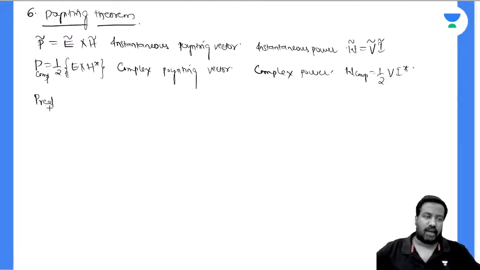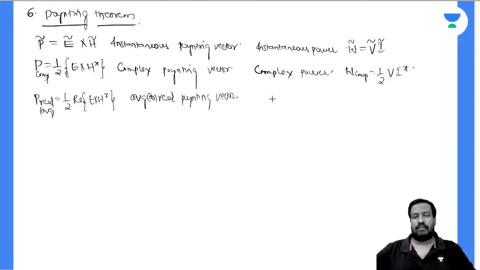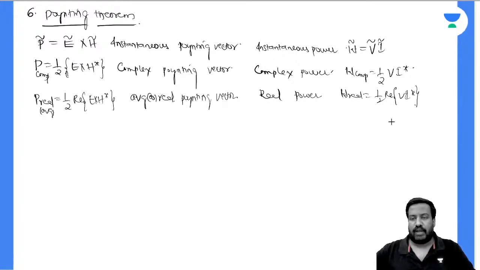From this, the average or real power is 1 by 2 real part of E cross H conjugate, the average or real Poynting vector. The real power is the average, 1 by 2 real part of V into I conjugate.